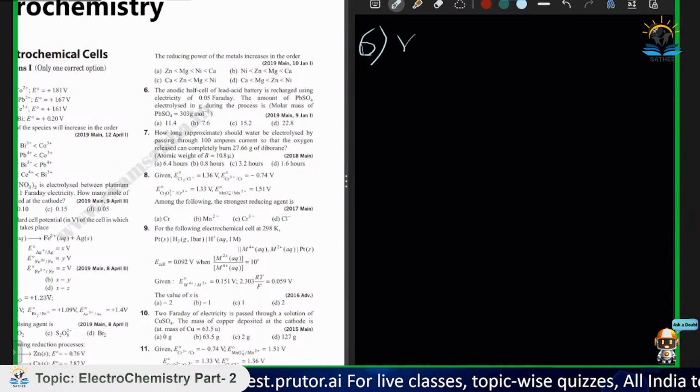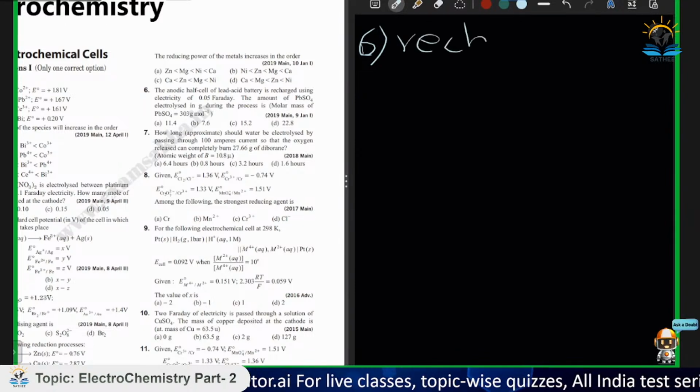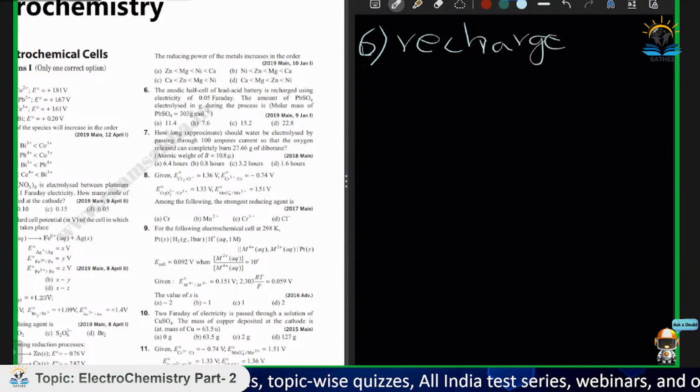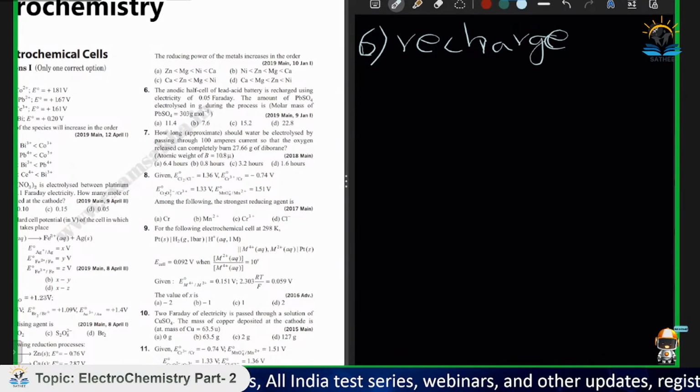You only have to remember that your lead 0 and lead plus 4 will be turning into lead plus 2 in discharge, and your H2SO4 is dying off. So in discharge the reverse is happening.